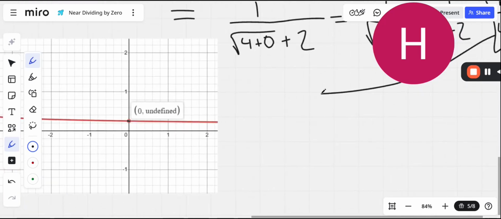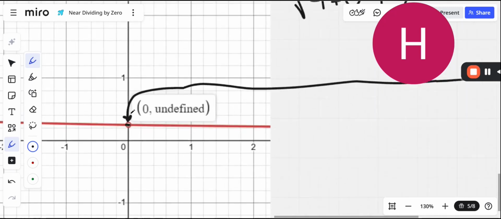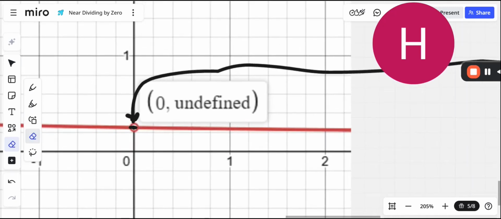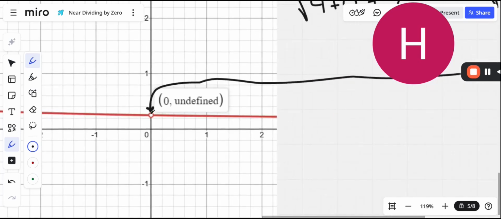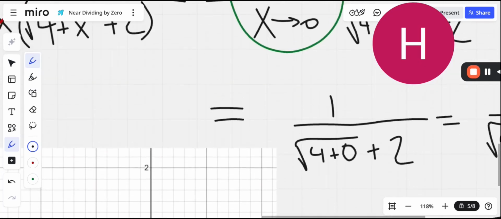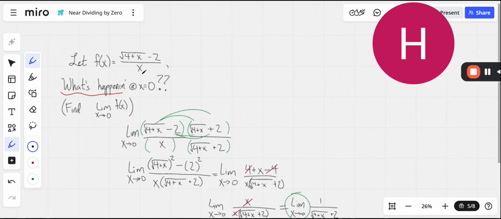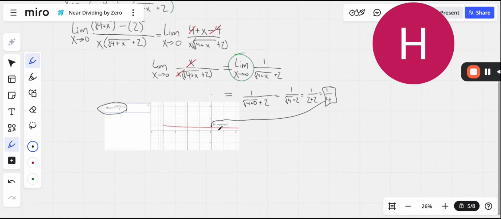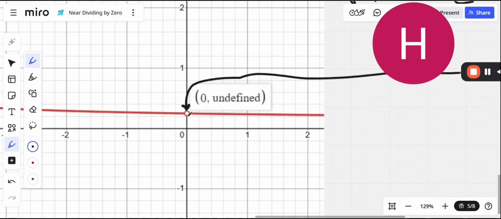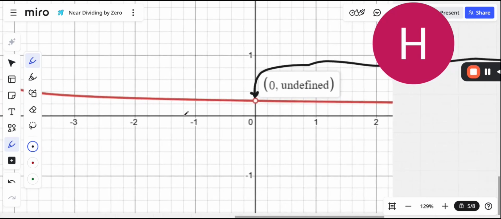Rather, it's the y value where this hole is located, because the rest of the function was sort of gearing up to hit that point. But since we can't literally plug in 0, I'm sure you tried that at the beginning, right? You tried plugging in 0, and what did you get? You get 0 over 0. That's not anything determinable. We can't determine what that is. So this graph kind of shows us what's happening there.